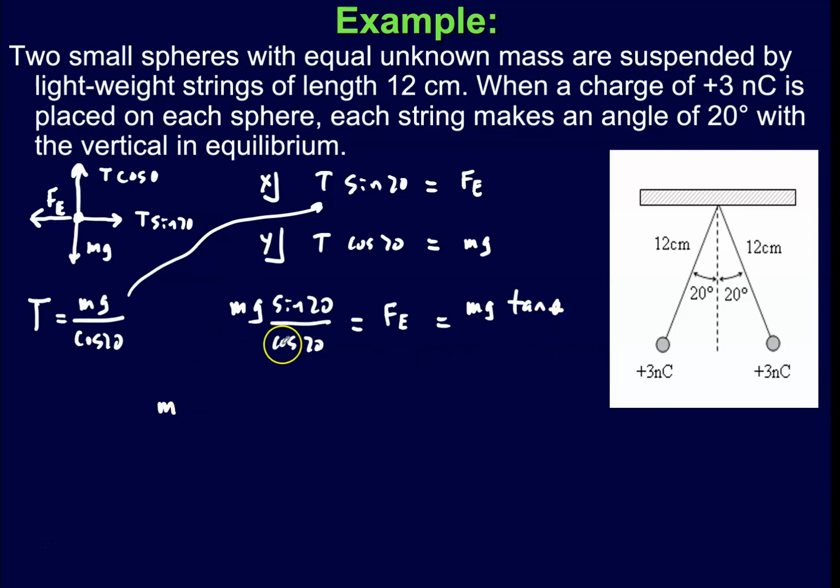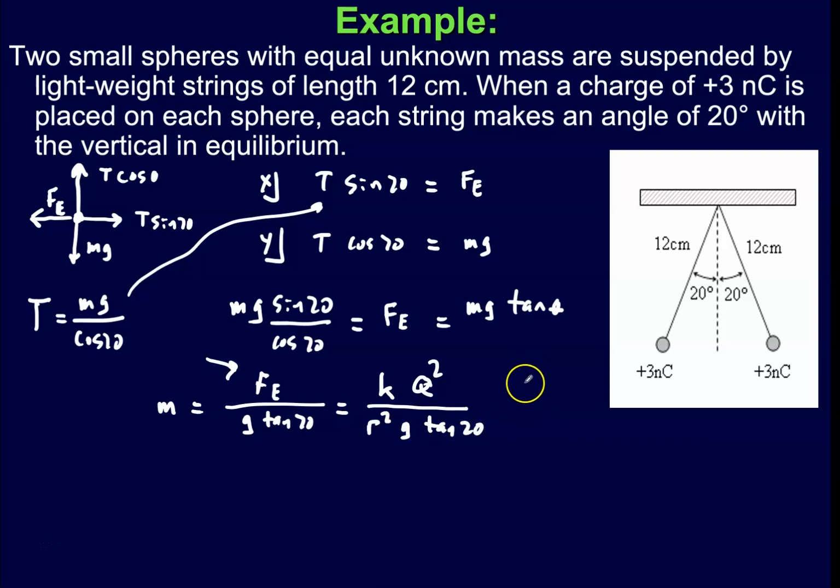And then I can solve for m and say that it's equal to the electric force divided by g tangent of 20. And then the last step, the 2B part of the material, is plugging in our equation for Coulomb's law for that electric force. So it's kq squared over r squared, plugging in for this Fe, and then divided by g tangent of 20.